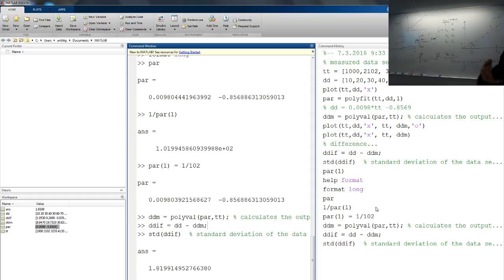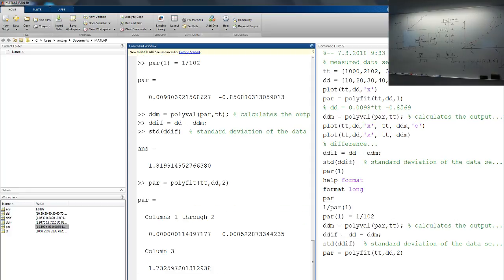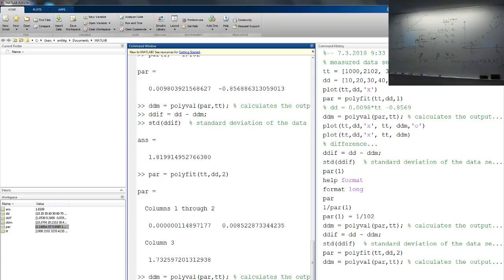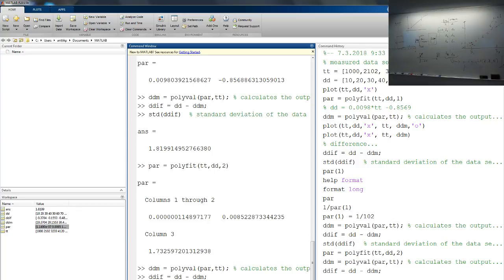And how to do the higher order polynomials? Well, just go to the polyfit. Let's see, parameters, fractional second order. That gives you just one number more there, and then of course the DDM would be different. And then let's see how much this one actually helps.